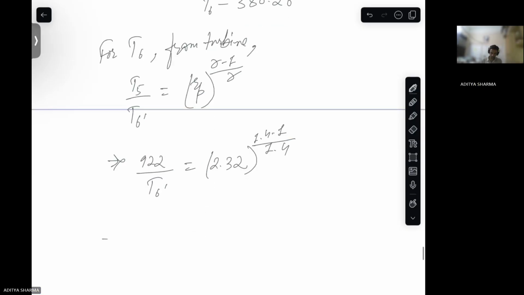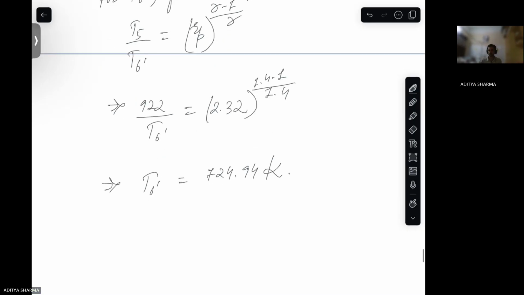Then T6 dash comes out to be how much? 724.94 Kelvin. I hope you can work this out. Okay.